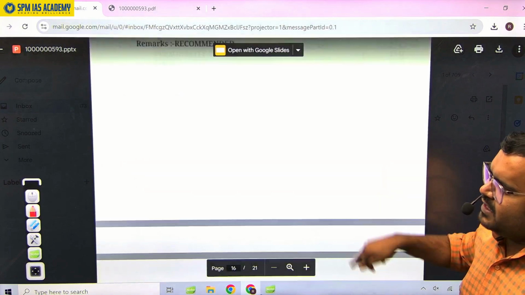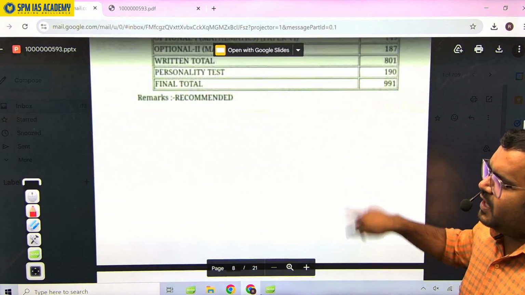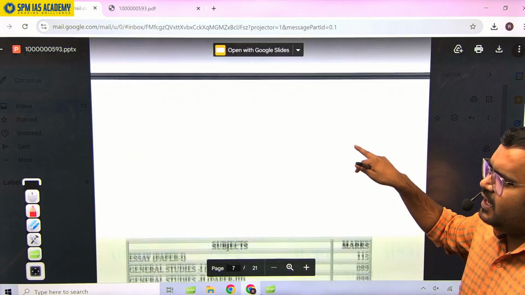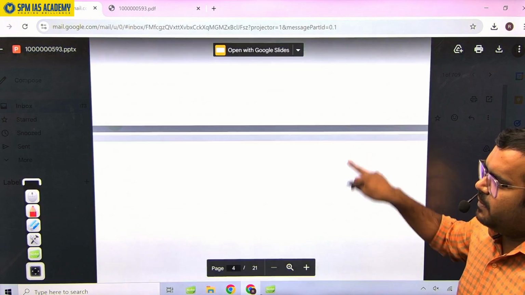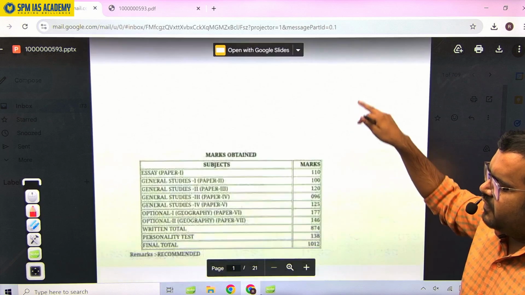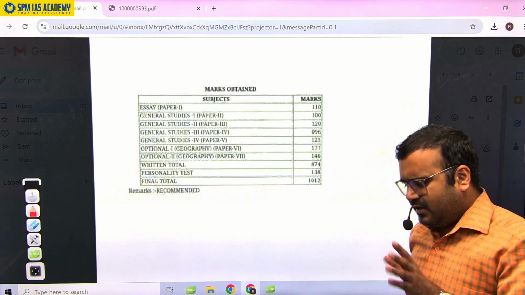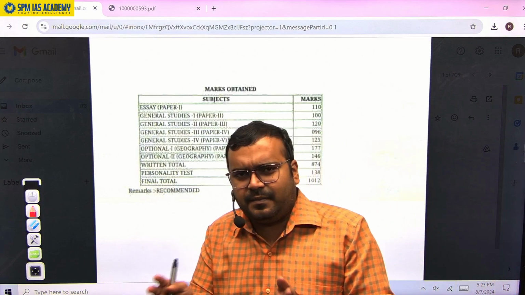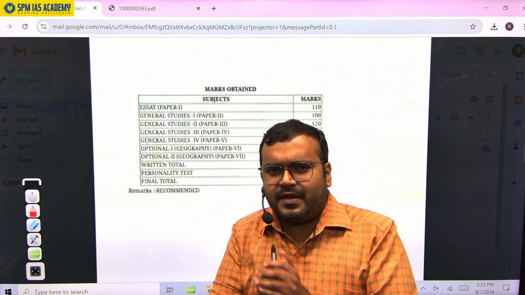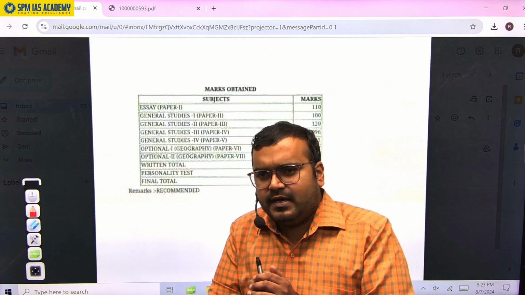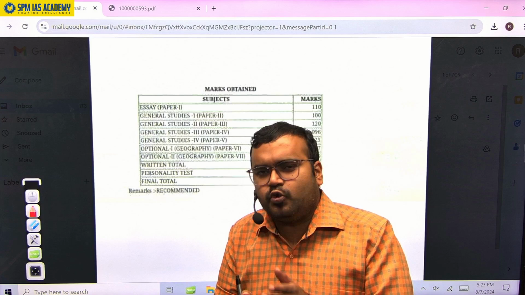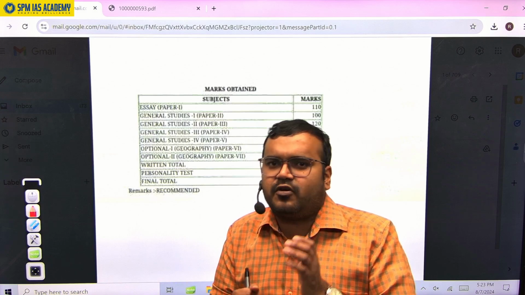Now let's discuss the mark sheets of last year, especially 2023, for the different important optionals that we have. These are the options, you can say. Again, this is a big sample size, and from that sample size we come to know that there are a good number of students who have scored very well in different optionals also.